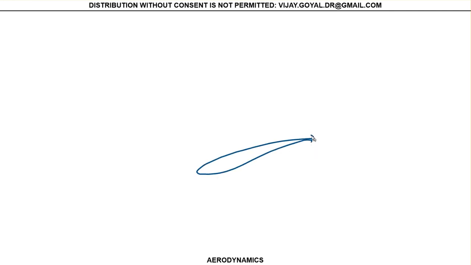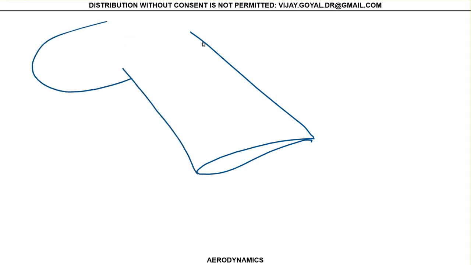We're going to talk about these a lot, so I think it's worthwhile spending a little bit of time on the wing. First of all, the cross section of the wing is called the airfoil. Airfoil is the cross section of the wing.